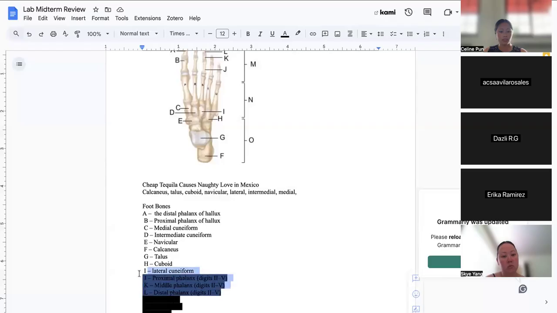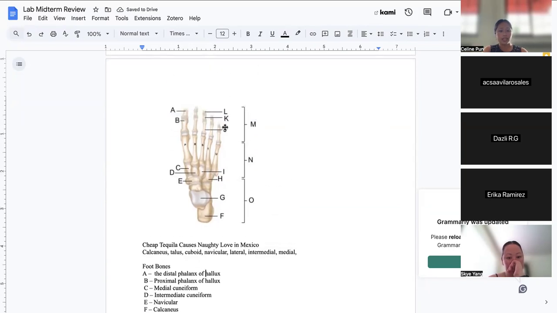So for those specific 3, it would look like this. The proximal phalanx of digit 2 or 3 or 4 or 5. Middle or the intermediate phalanx, and then distal. Okay, and now what are these bones called for M, N, and O?